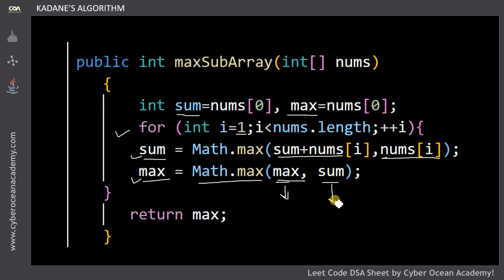Suppose we have just calculated some local maximum value and it is now greater than the previous global maximum, the max value. Then we simply compare it and put the value which is maximum in the global variable.